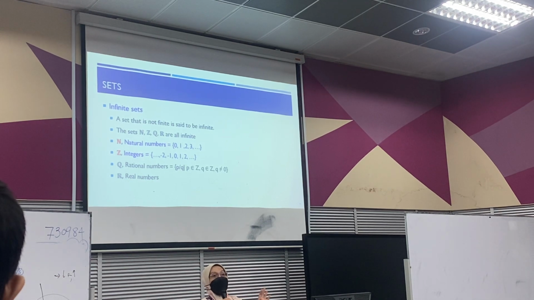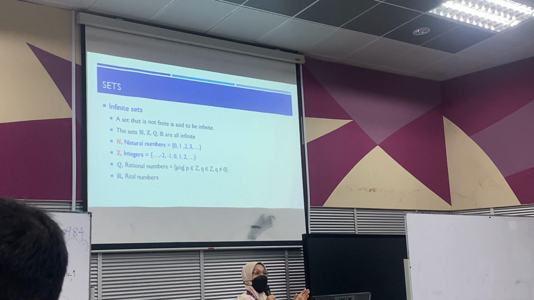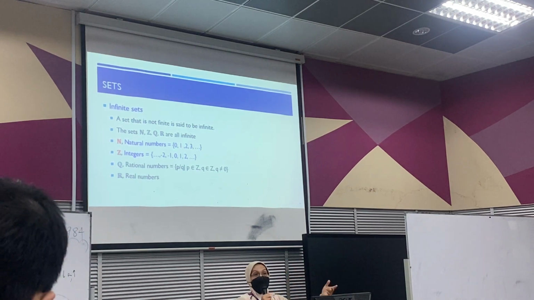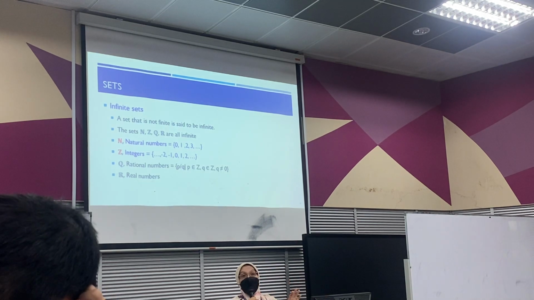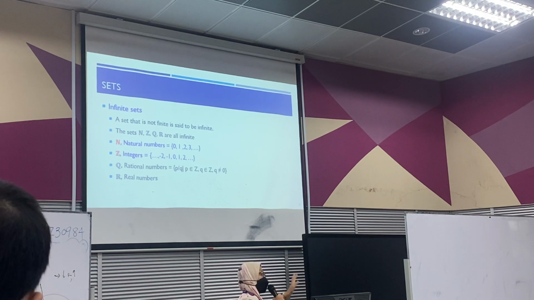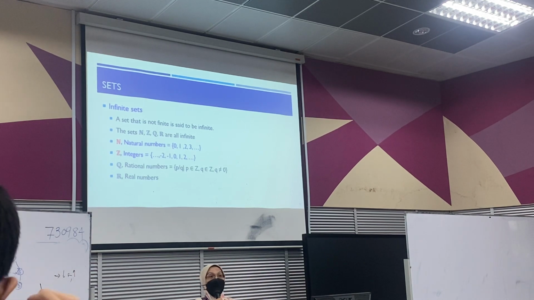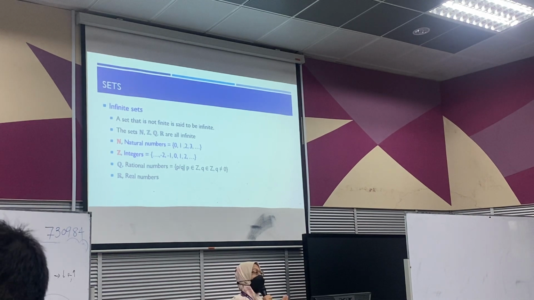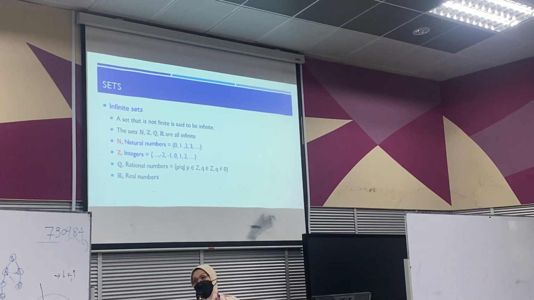So this is infinite because in programming, you have the size, right? Decimal or whatever, you have to have long or whatever, so you need to declare that. But here, we don't care about the size. 1 million, 2 million, we don't care about that. We just say that it's an infinite set, you can represent any numbers. We don't care about the maximum value or the minimum value and so on.